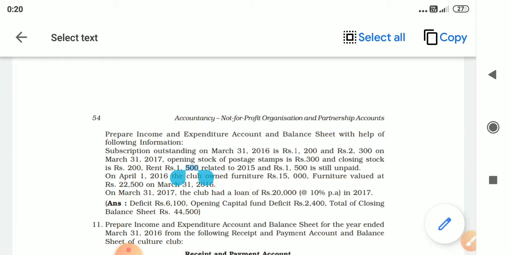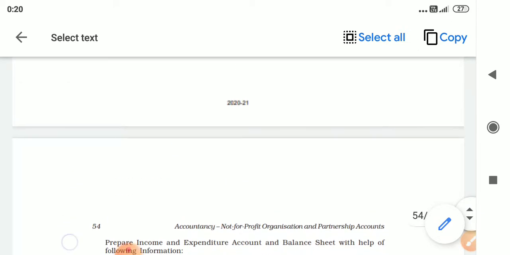You have to show it like this in the expenditure side of income and expenditure account. So 18,000 plus 1,500 minus 1,500 is 18,000. But you have to show it for the full disclosure concept. Now this rent outstanding is an expense outstanding. So both in opening balance sheet as well as closing balance sheet, it will appear in the liability side.